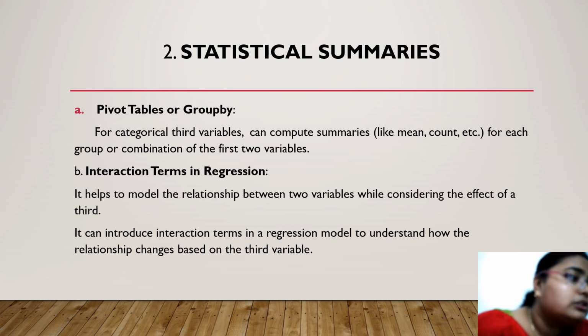Now, this regression can be useful to understand how the relationship changes based on the third variable. That is, what is the effect of the third variable on these two variables, that is, one dependent and another independent variable.